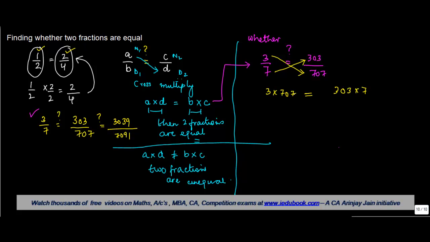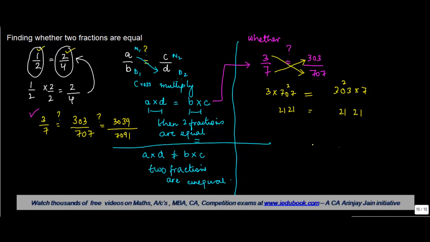So 3 into 707: 3 into 7 will give you 21, 1, 2 carry, 3 into 0 is 0 plus 2, 2, 3 into 7 is 21. So the left hand side of the equation gives the value 2121, right? Let's see what we get on the right side. 7 into 3 gives you 21, so 1, 2 carry, 7 into 0 is 0 plus 2 is 2, 7 into 3 is 21.